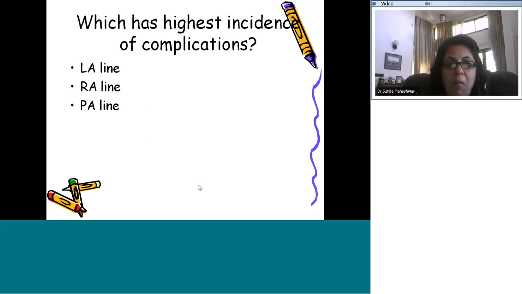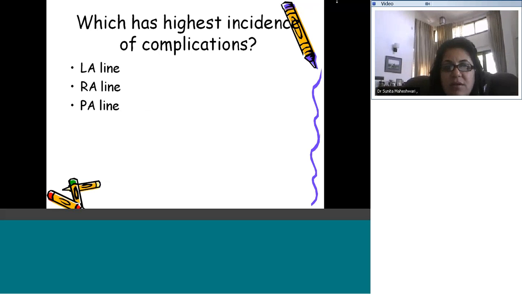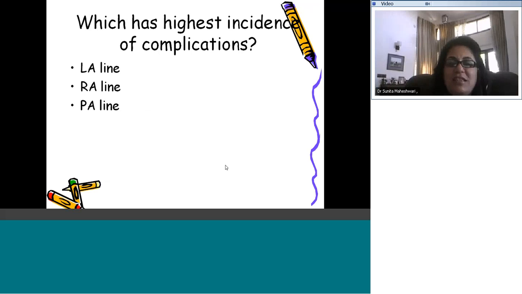Okay, next one. Which of these has the highest incidence of complications? LA line, PA line, RA line. Even I thought that, and you can double check this, but the literature said the PA line had the highest rate. So we have three different answers here, LA, PA, RA. Why don't you all read this up?